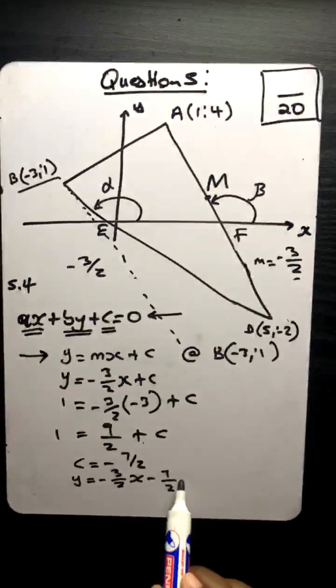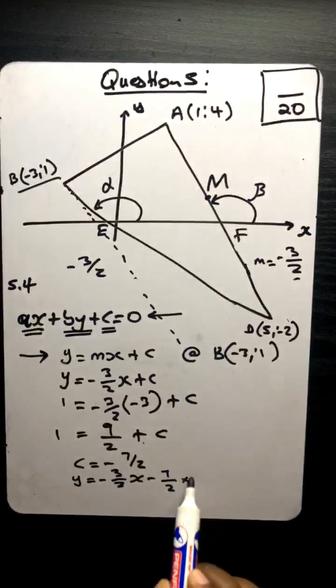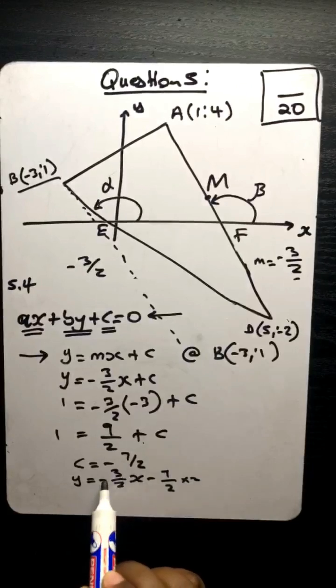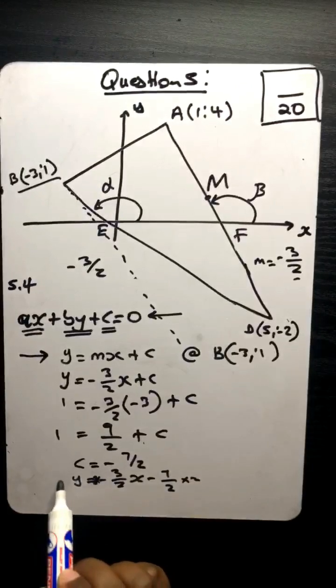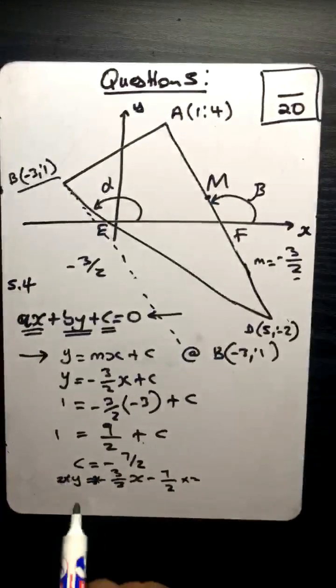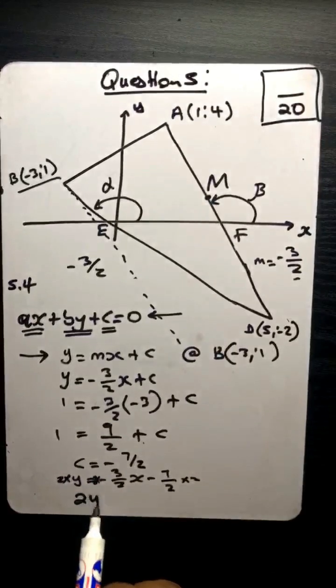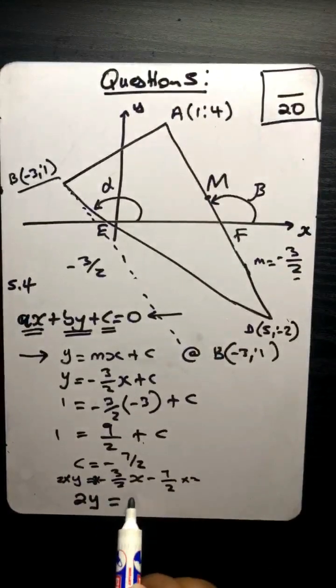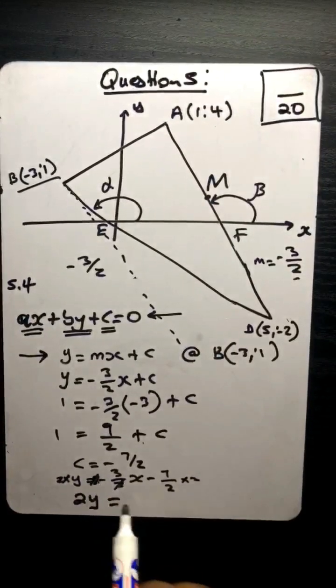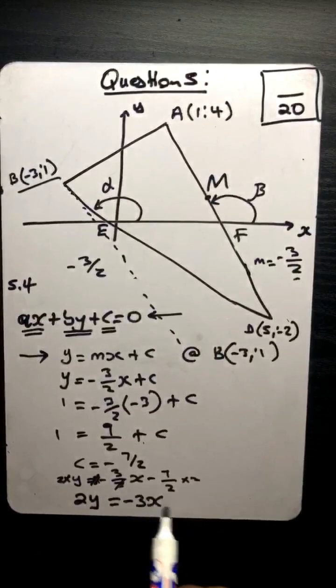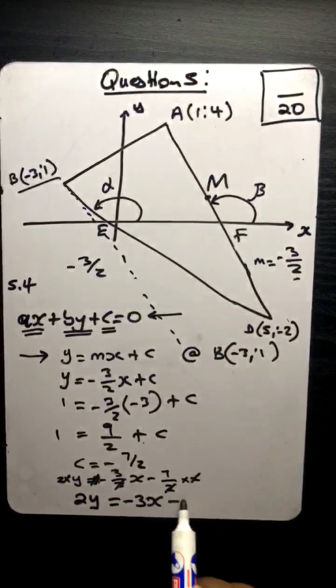So you end up having 2y equals, that 2 is going to cancel, so you just have negative 3x, and then the constant.